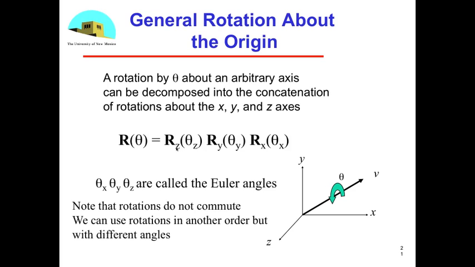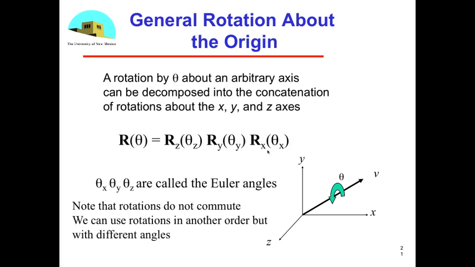Now, on the other hand, I could do this in a different way. I could say, I want to do the Z last, but I want to do the X after that, and then the Y first. That's possible, but you'll get different theta Y's and theta X's. So any order is possible, but the actual angles you get, the Euler angles, depend on which order you choose for the rotation. So be careful.